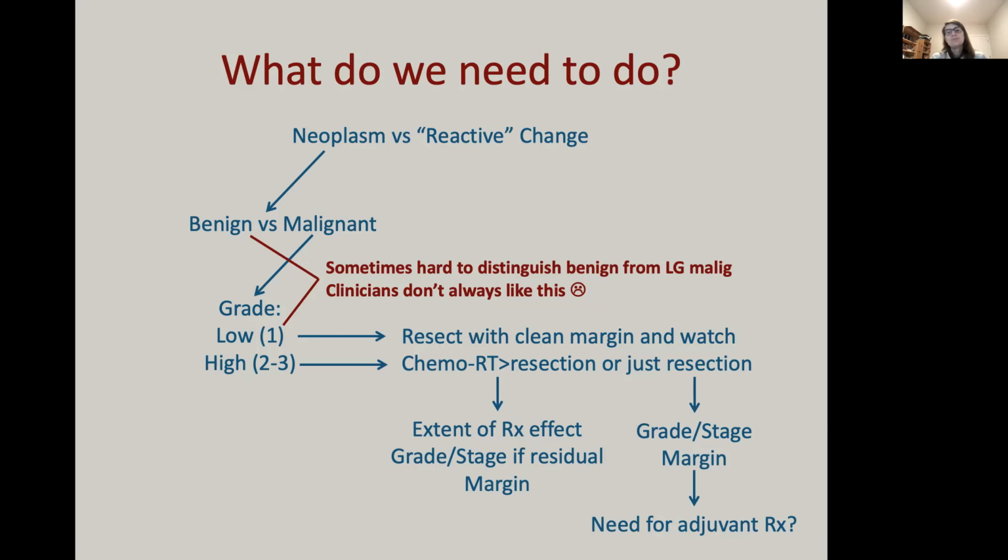And so often we will pursue things like molecular testing, of course, in addition to immunos on biopsy, because that's the most important point where that diagnosis is going to be made that will dictate treatment in most cases.